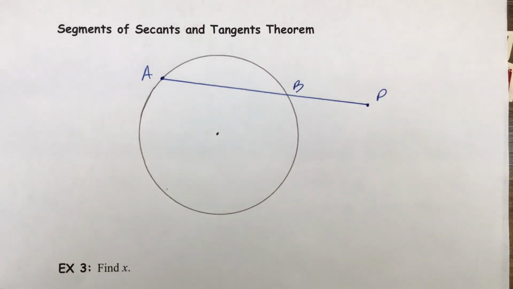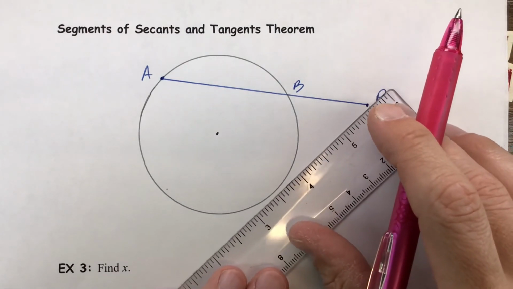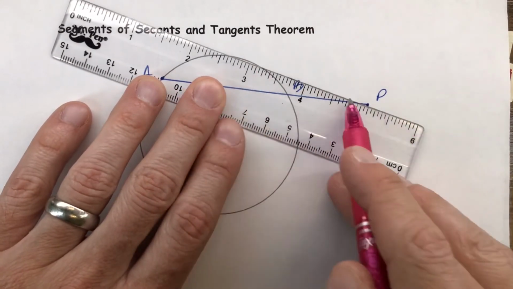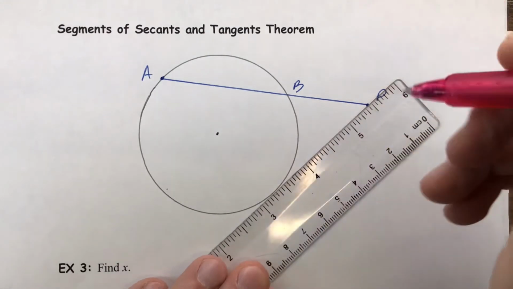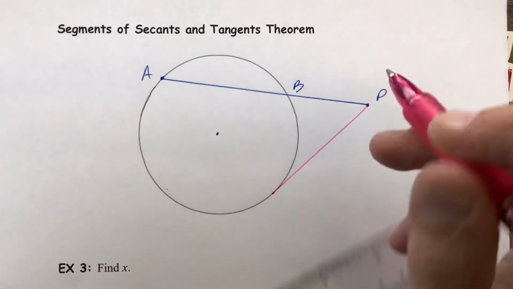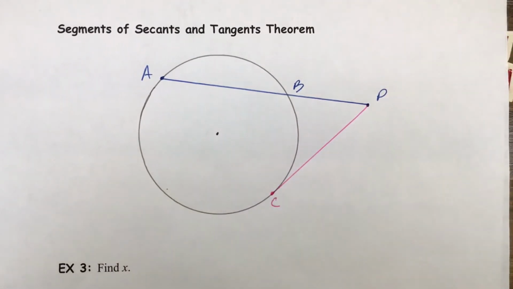In which case I'll label the same as I did before, A, B, and P. What we're going to add in here is a tangent segment that meets up at point P. Measuring off to this side, you could actually do it over here as well, but it would be a really tight picture, so I'm going to use this side. From P to the point of tangency, that'll be the endpoint. Right there, we'll call that C.